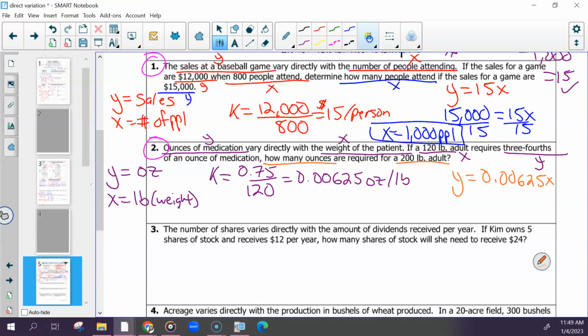What are we looking for? Y or x? Y. So we don't know y, but we know x, so we can put 200 in for x.